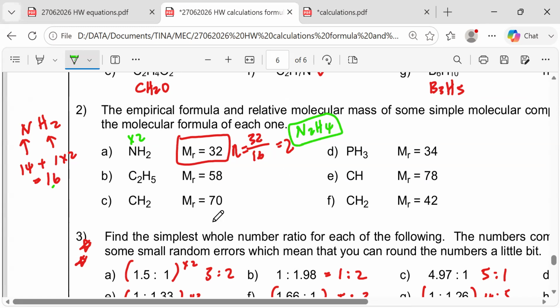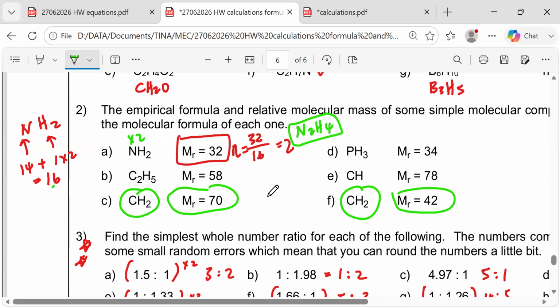Okay. For example, this one is CH2, this one is also CH2, right? But the molar mass is different. So which molecule is bigger, F or C? C, because it is 70, and 70 is bigger than 42, right? So you just take 70 divided by CH2.